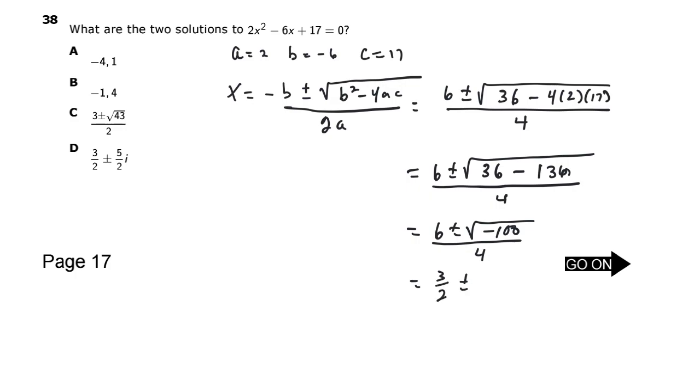Plus or minus, this is i square root of 100 over 4. So this is 3 over 2 plus or minus i. Square root of 100 is 10. So it's 3 over 2 plus or minus 5i over 2, which is D.